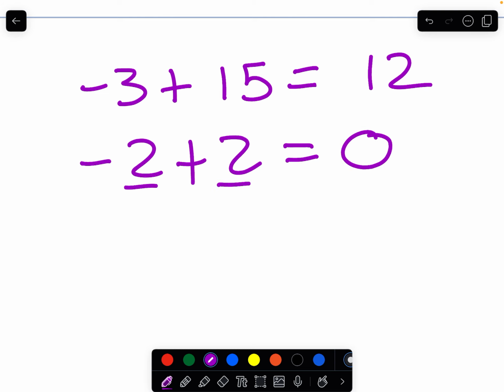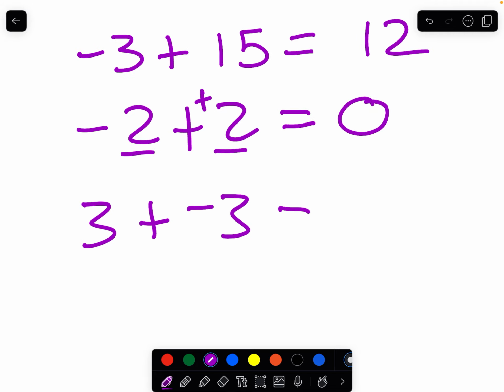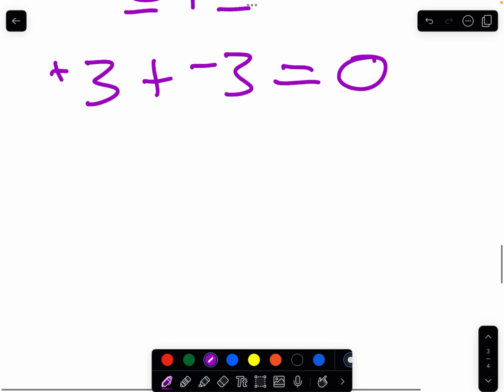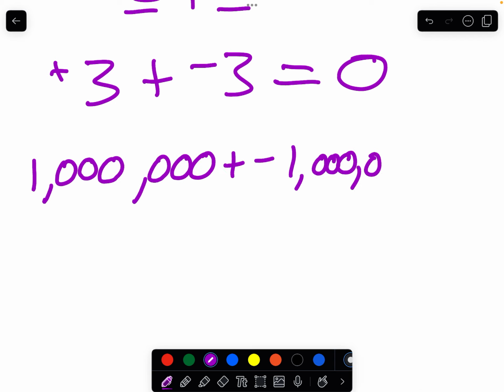Opposite numbers are numbers that are the same number but with different signs. They are also the same distance from 0. So 3 plus negative 3 equals 0. 2 plus negative 2 equals 0. You can throw those signs in. 1 million plus negative 1 million is also just plain old 0.